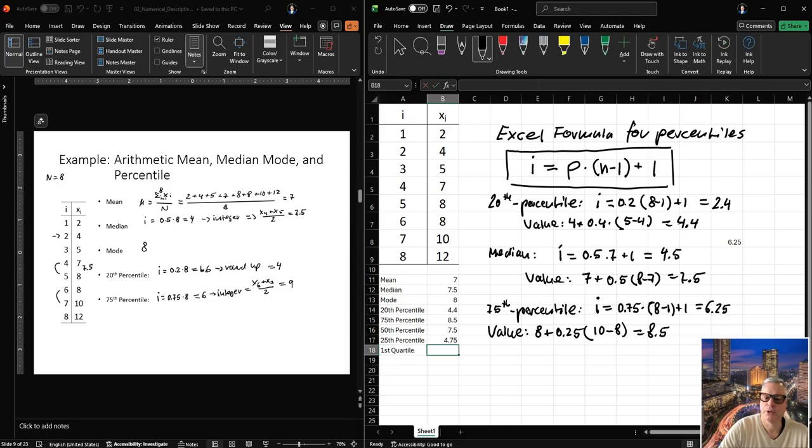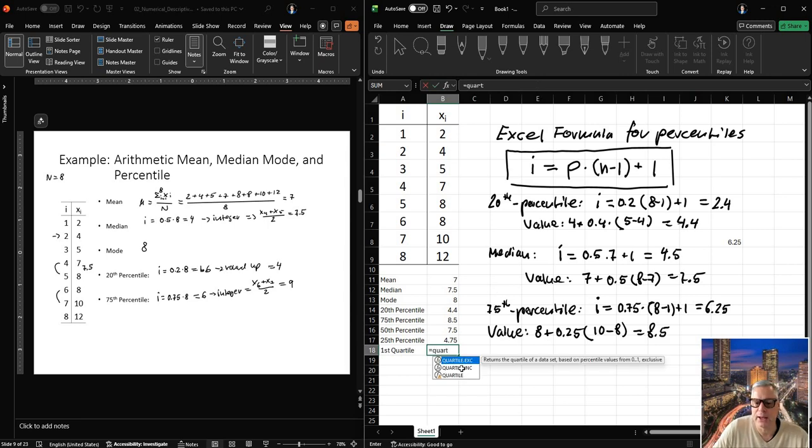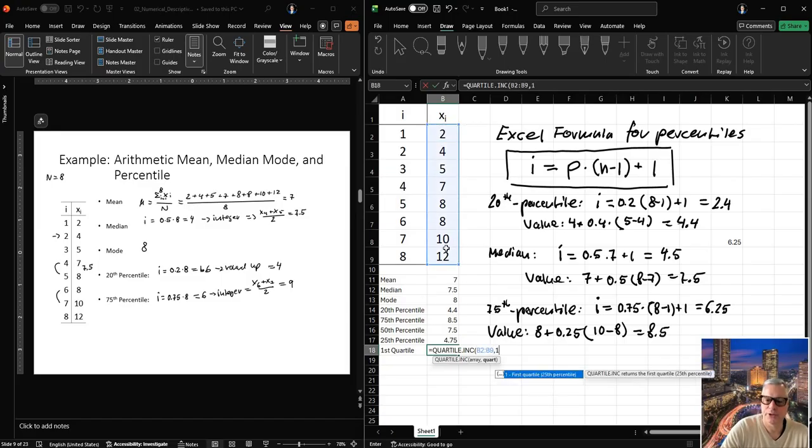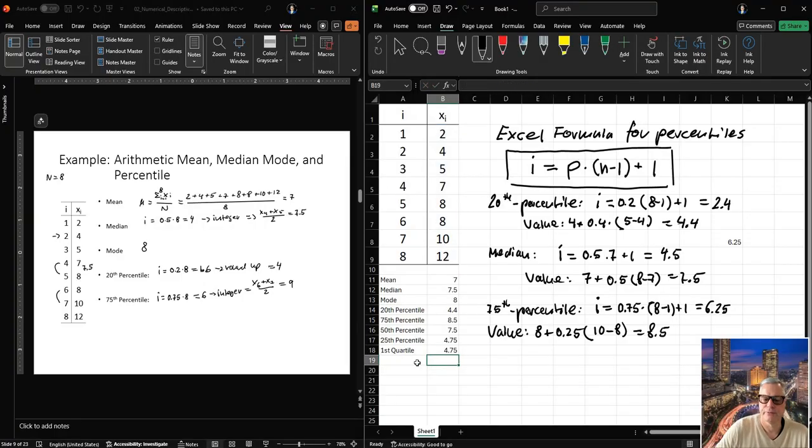So the first quartile is the 25th percentile, and there's also an Excel formula, QUARTILE, and again you take INC, inclusive, array, and then the first quartile 1, close parentheses. So the second quartile is equal to the median, or the 50th percentile.